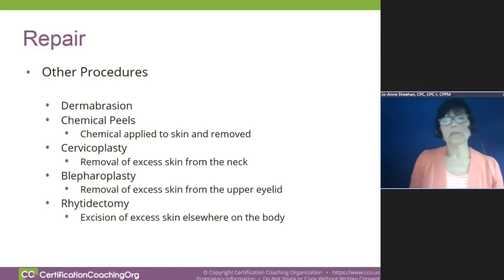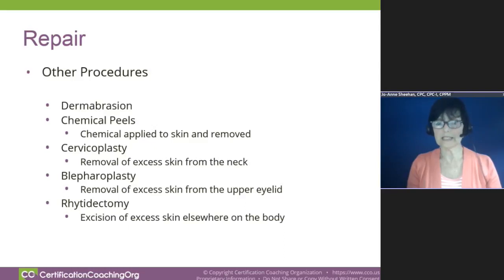And honestly, your situation will determine whether or not these types of procedures will get paid. If you're stuck on terminology, I've said this before, I've used blepharoplasty all the time as an example. When you come to your CPC exam and you don't know what a word means, look it up.